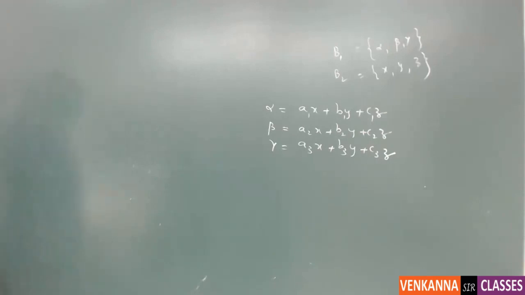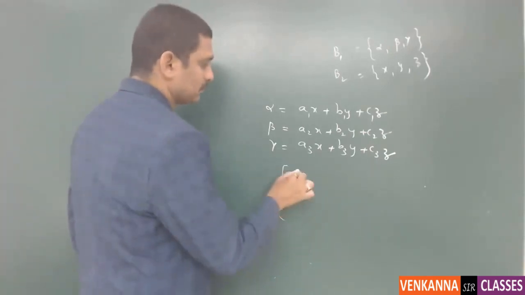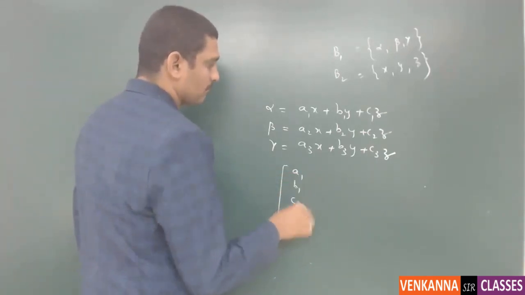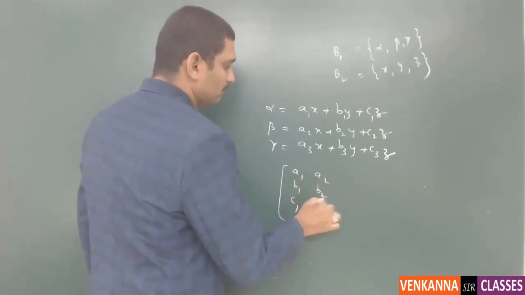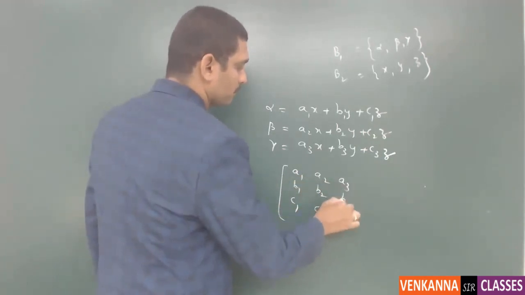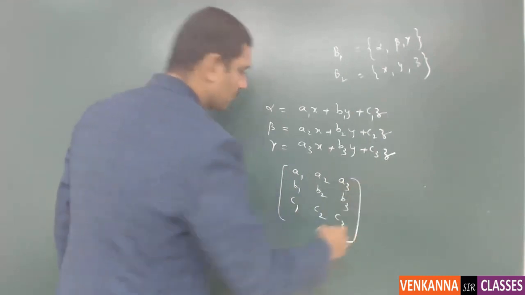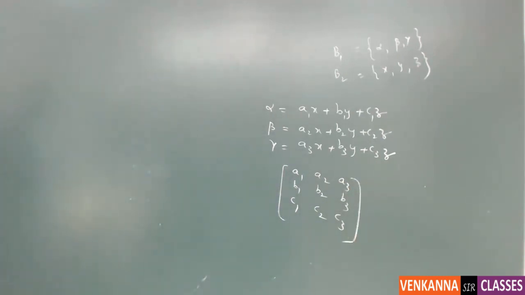So now I will get a matrix here. So did you understand how this matrix came?